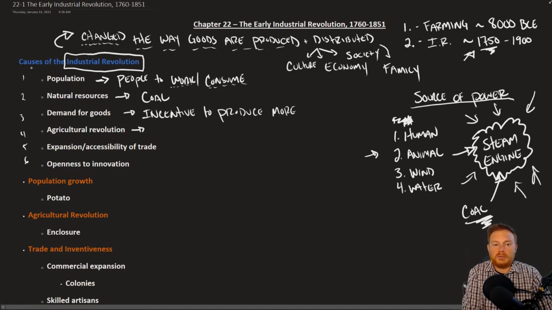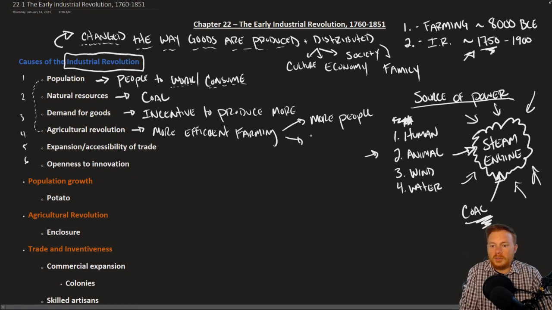An agricultural revolution, this sort of ties in with population a little bit, but essentially this means more efficient farming, right? And that leads to, on the one hand, more people, but also fewer farmers.